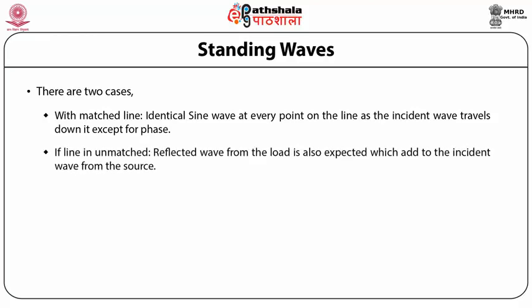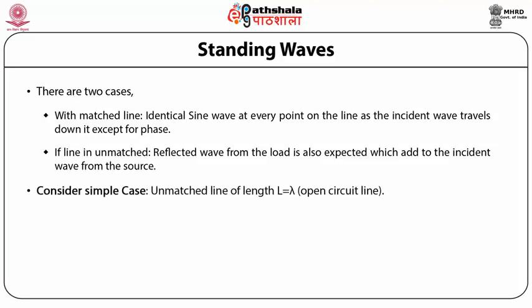Second, if the line is unmatched, the reflected wave from the load is also expected, which adds to the incident wave from the source. So consider a simple case. We have the unmatched line of length L equal to lambda, that is, the open circuit line.